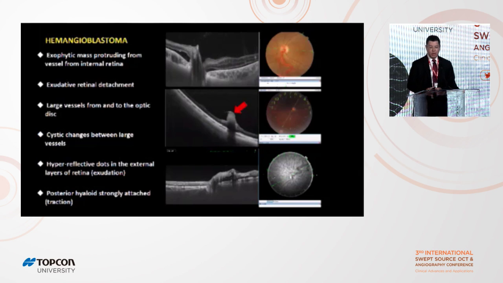For hemangioblastomas, generally it's an exophytic mass protruding from the internal retina.